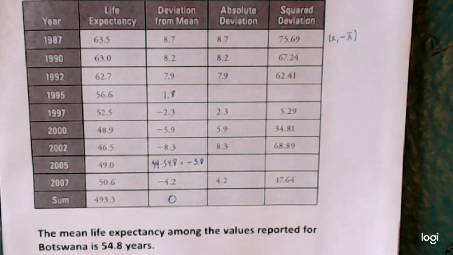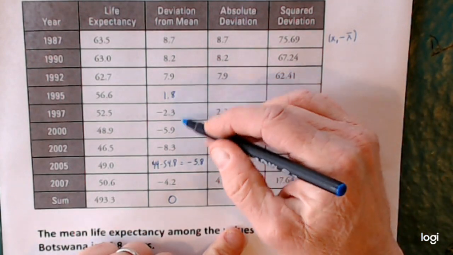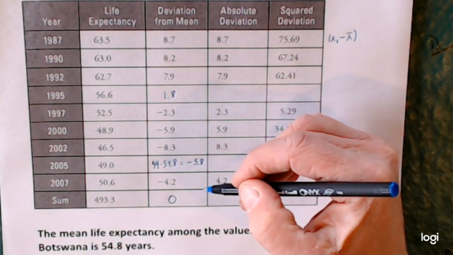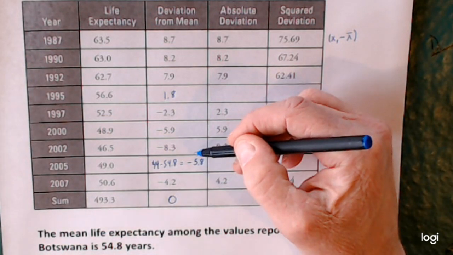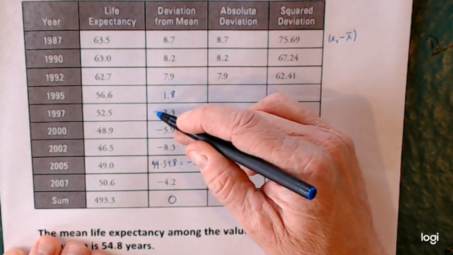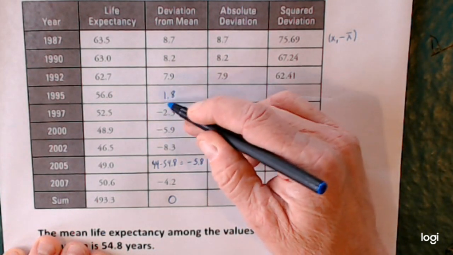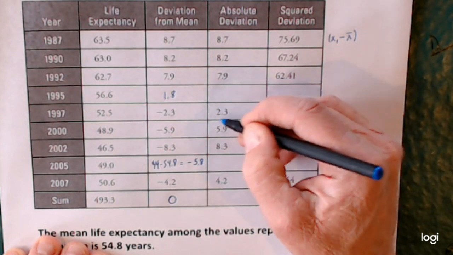The mean absolute deviation, and here I just want to mention it briefly, what we can do is take the absolute value of the deviations, and so instead of measuring the deviations, we'll measure the distances. So the observation that was 2.3 years below the mean, we'll just say it's 2.3.